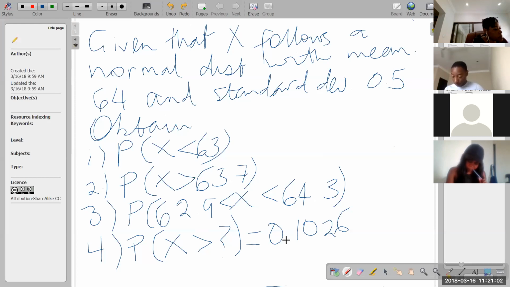So we're looking at the probability that it's greater than 63.7.